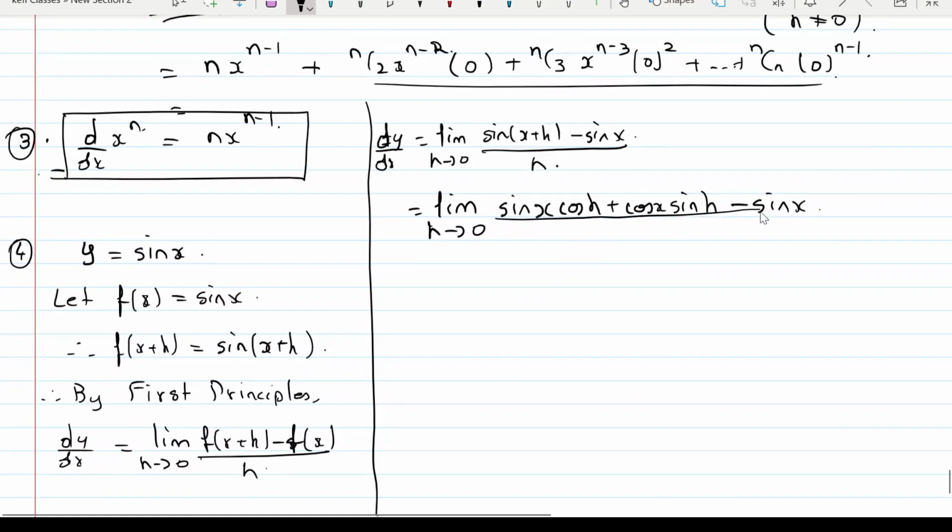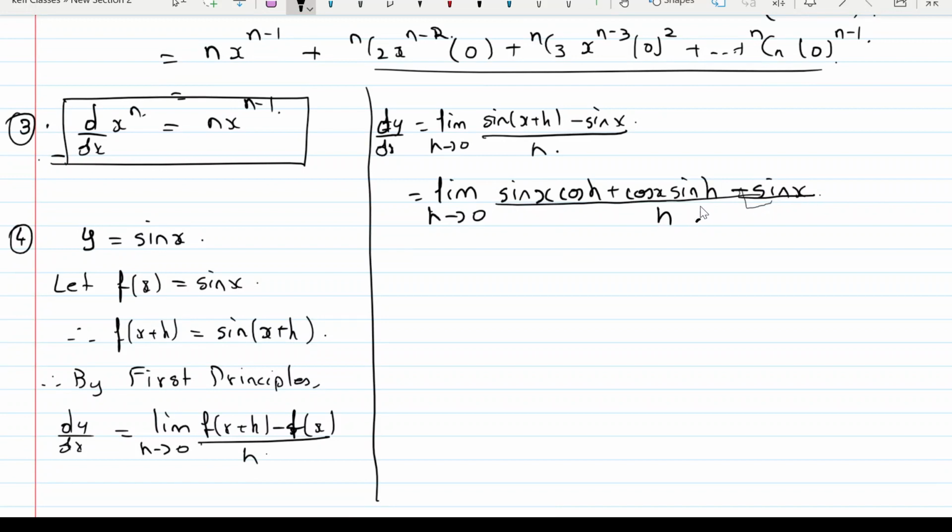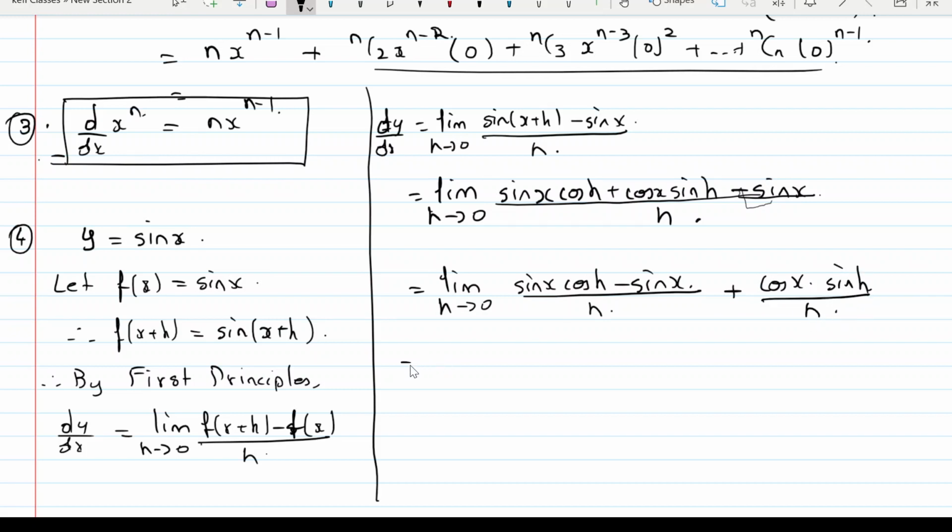divided by h. So this is equal to limit as h tends to 0 of sin x cos h minus sin x upon h. Is that correct what I'm doing? Yeah, okay, it's correct. Plus cos x into sin h upon h, which is equal to limit as h tends to 0, sin x can be taken common.